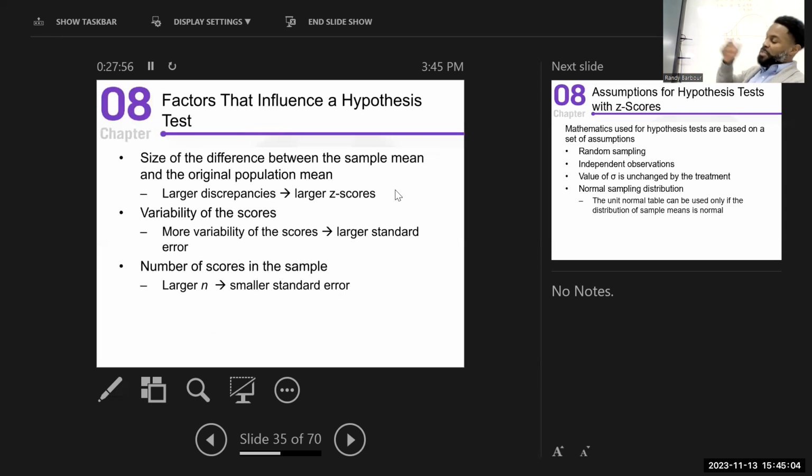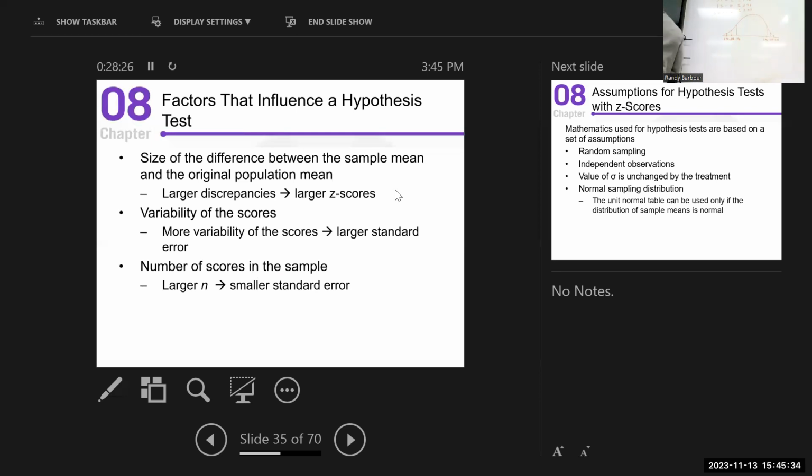So here are assumptions. When you think about statistics that we're going to be running next week, there are several assumptions that we're going to make. But these are going to be factors that influence a hypothesis. The first factor that is going to influence is going to be the size difference between the sample mean and the original. That's one of the first factors.